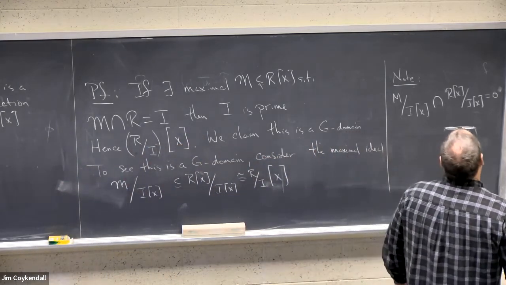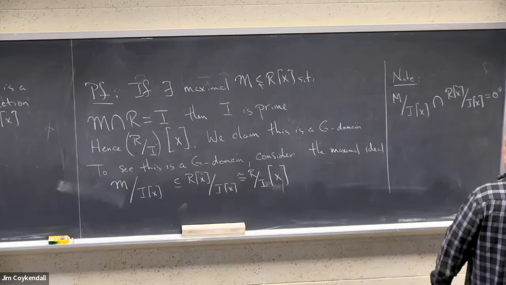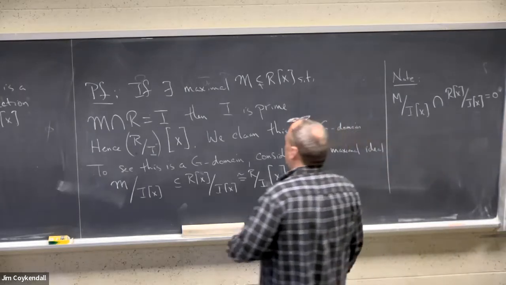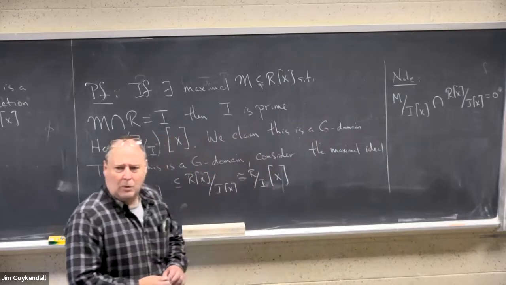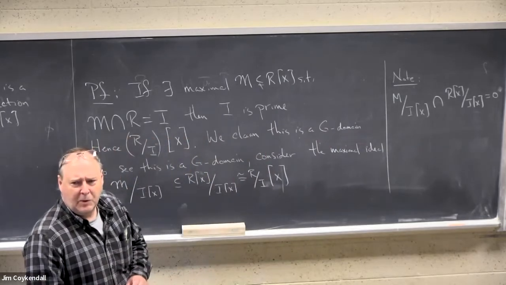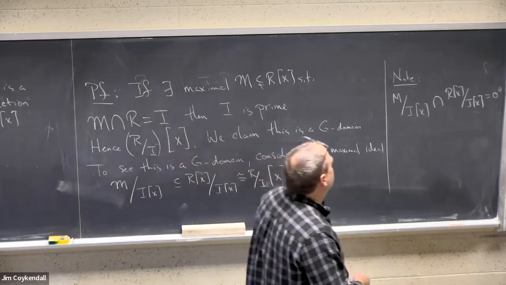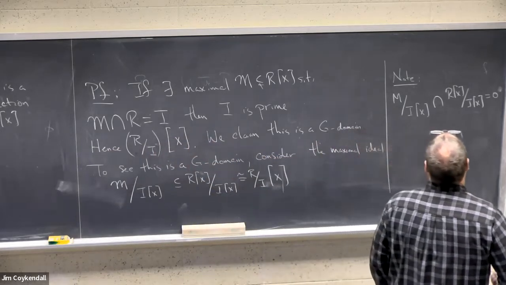Oh, I see. Well, so, definition. Right, so I'm still confused on where we're confused here. So what's the question? So your intersection you're taking there, wouldn't you want to take the intersection M mod IX with just R mod I?